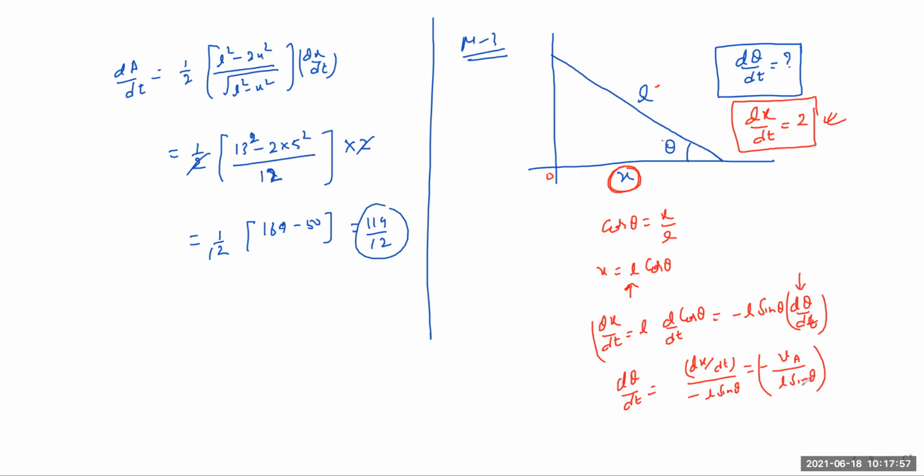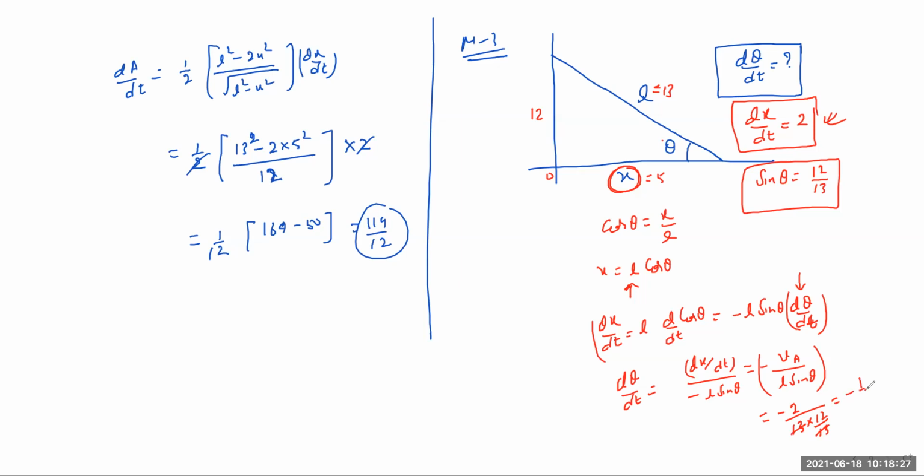Now sine theta is how much at that instant when I'm asking the question, when x is 5 and L is 13, what is sine theta? This is 12. So sine theta will be 12 by 13. Yes, sir. So can we write this as minus 2 upon 13 into 12 by 13?